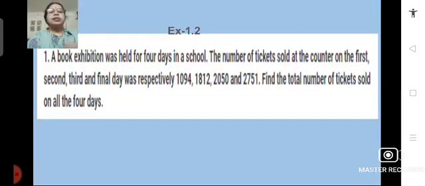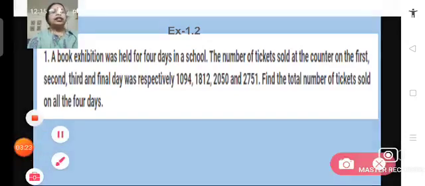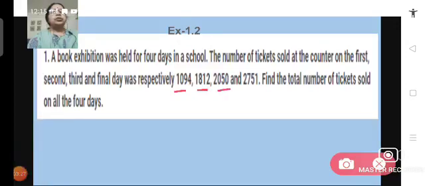The first problem is: a book exhibition was held for 4 days in a school. The number of tickets sold at the counter on the first, second, third and final day were respectively 1094, 1812, 2050 and 2751.